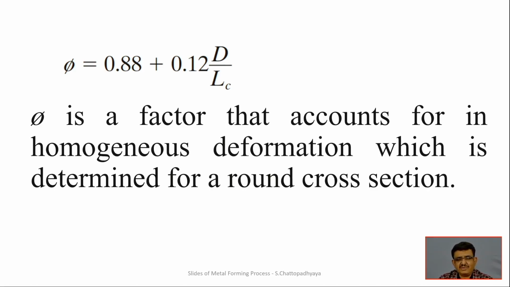So it is a factor, we have to calculate that factor. We have some fixed value 0.88 plus 0.12 into d, the diameter, divided by LC, that is the length of the die which is in contact with the workpiece while drawing.